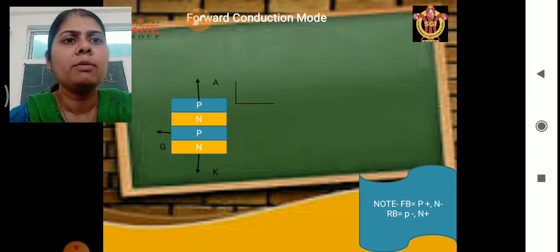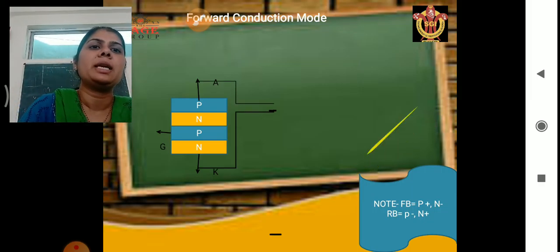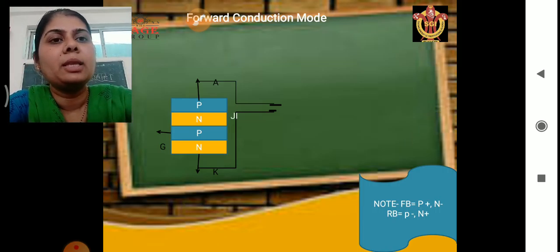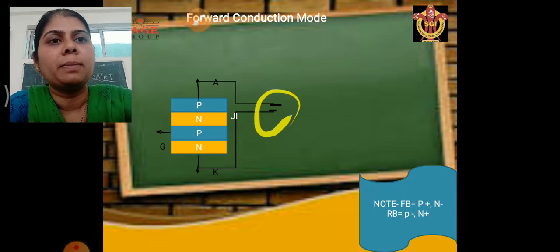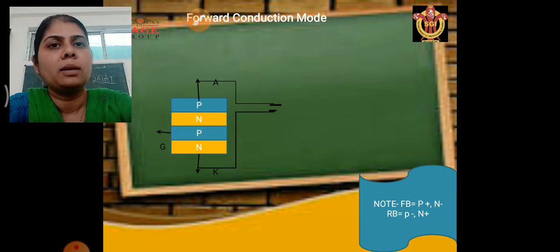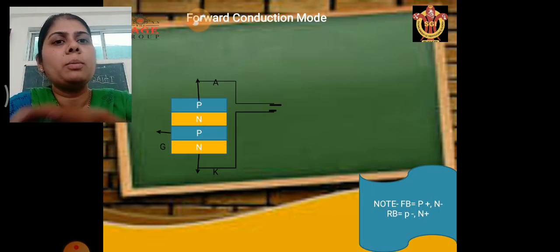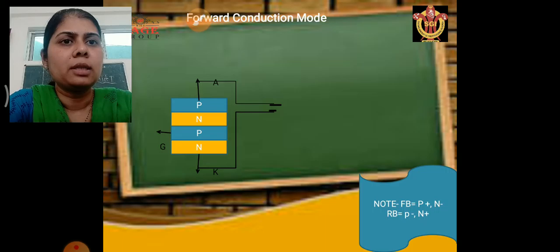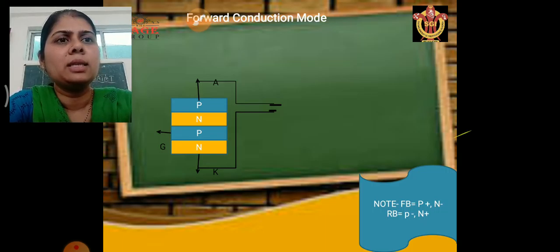It means we will break the depletion layer of the J2 junction with the help of this voltage supply. We will increase this voltage gradually and break this depletion layer. After breaking the depletion layer, current will flow continuously. That's why this region is called forward conduction mode.